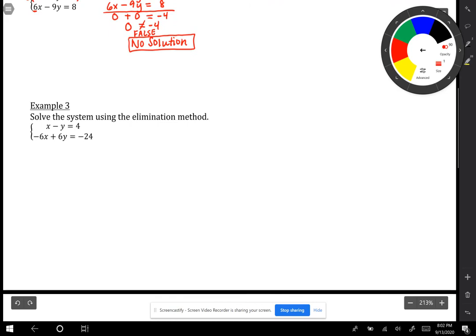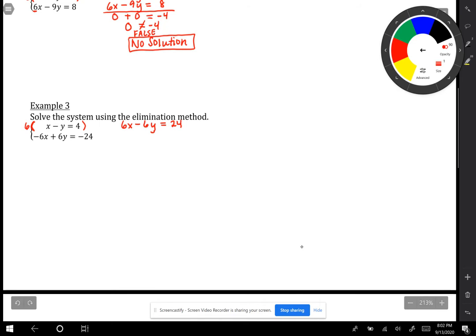Okay, last one before we do word problems. Solve the system using the elimination method. So here, in order for the x's to cancel, we have to have negative 6 and a positive 6. So we can multiply the top by 6. So we have 6x minus 6y equals 24.